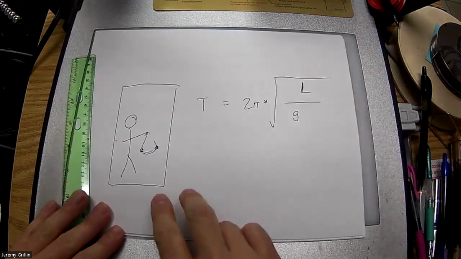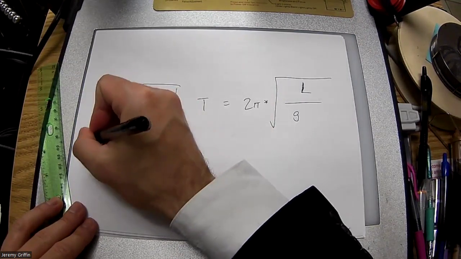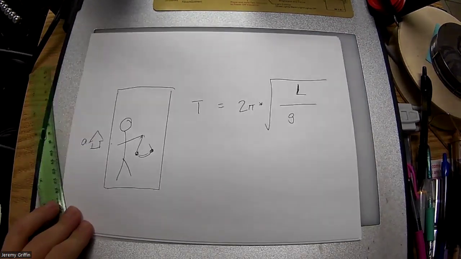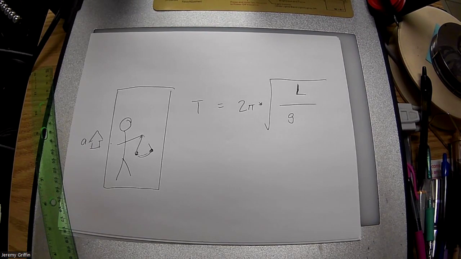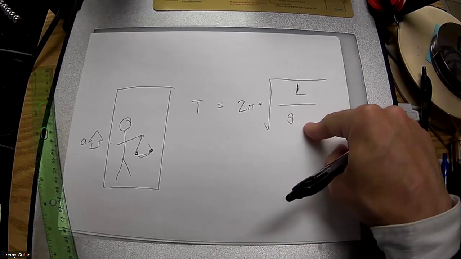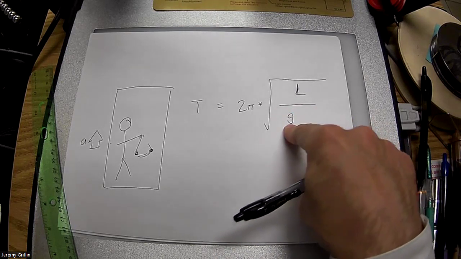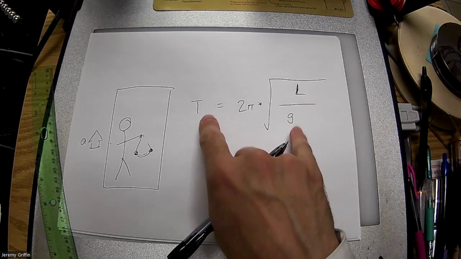If this elevator is accelerating upward, put some upward acceleration on here, then you inside the elevator, do you feel really heavy or really light? Really heavy. That's like somebody just turned up the gravity field. So let's go over to the time period of the pendulum formula. If you pump up this gravity field, making this denominator larger and larger, what happens to the time period?